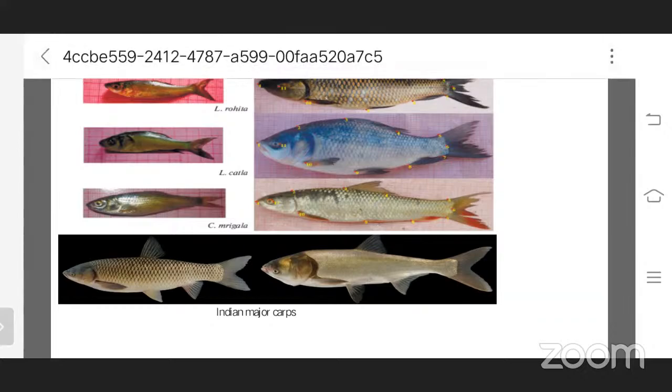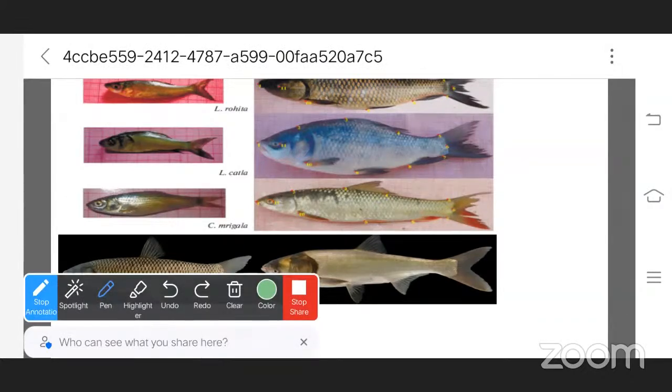This is the first one, Labeo rohita, and this is catla. And Cirrhinus mrigala, this is mrigal fish. This is the silver carp fish.